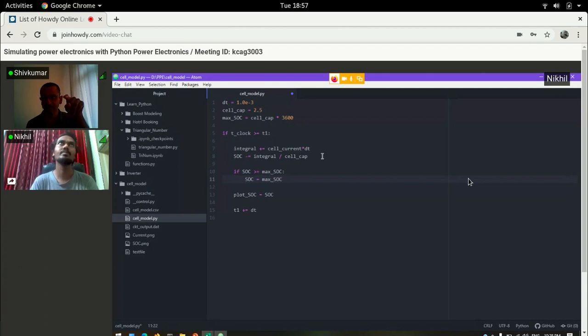So this control file will take the current as input and give voltage as output. That voltage will be fed to your controllable voltage source, which is now constant. As the state of charge increases, the voltage of the controllable voltage source will increase until it becomes the same and the current will stop.